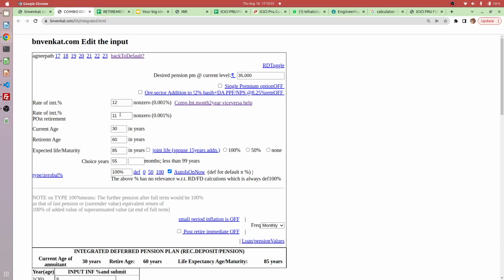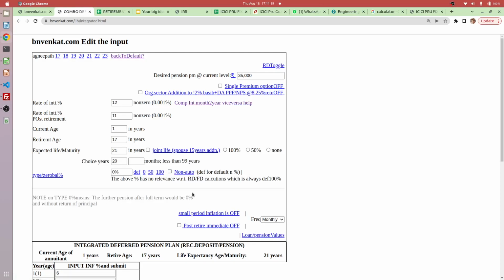Here in this case it is the study period. Currently let it be 60 or let it be 1 itself. Let us keep it 1. This 17 is the study period, retirement period, 70 period, and 21 is the expected maturity. And the maturity figure here will be simply 0. It is non-auto, we do not automatically calculate. We simply keep it as 0%.